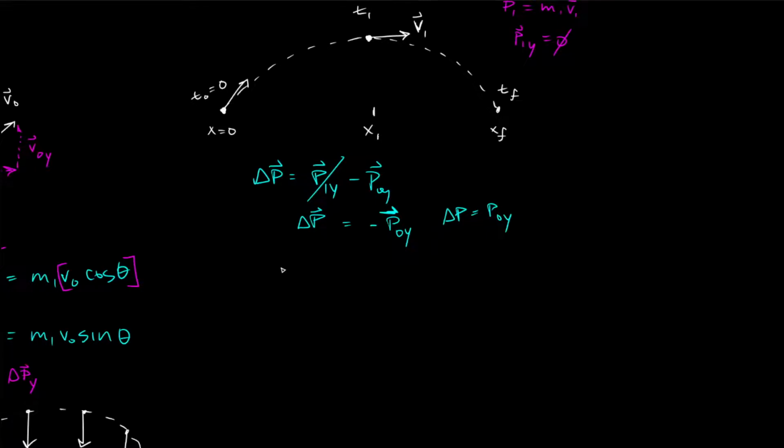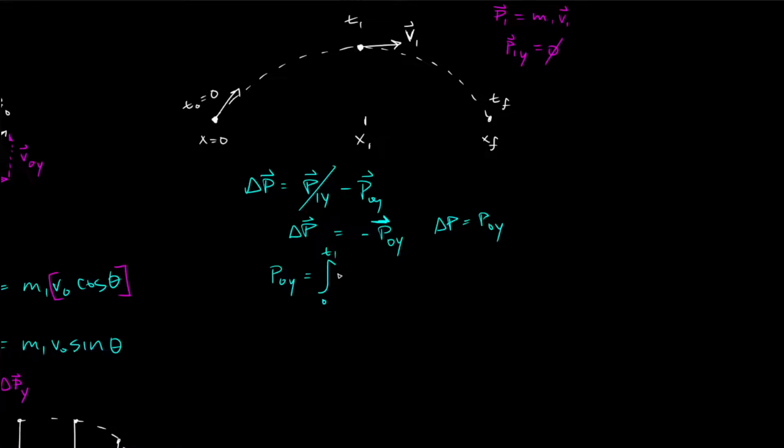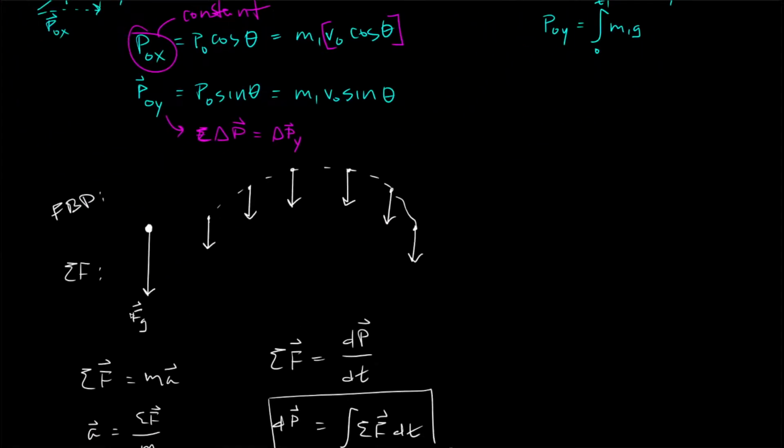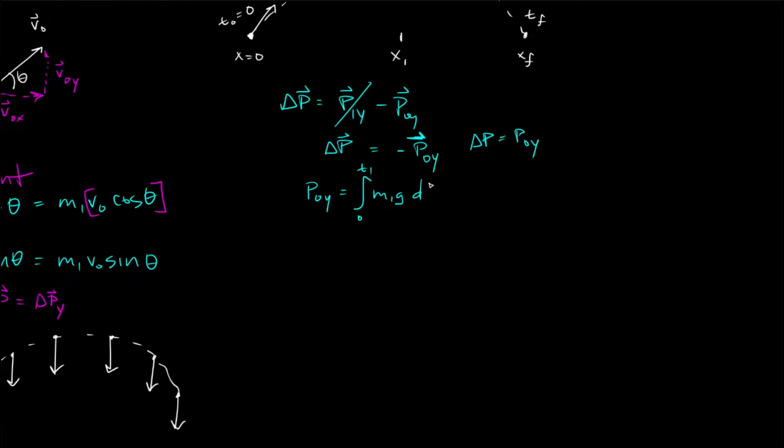Then delta P equals P naught y equals the integral from t naught equals 0 to t1 of our net force, m1 g, which is what Fg is equal to, over dt. Now m1 g is constant, so we can pull that out. m1 g times the integral from 0 to t1 of dt, which is equal to m1 g times t1 minus 0, which gives us P naught y equals m1 g t1.